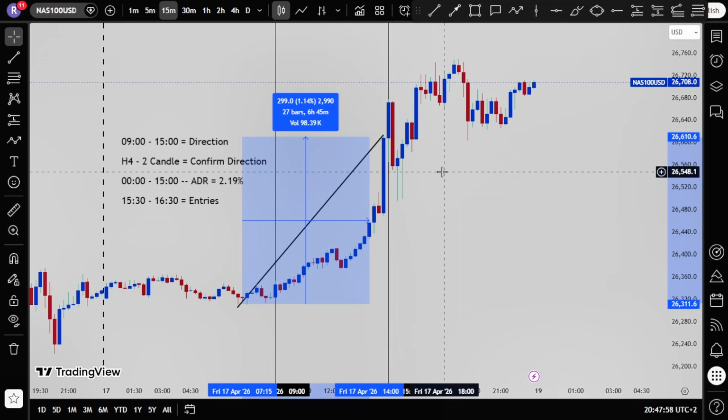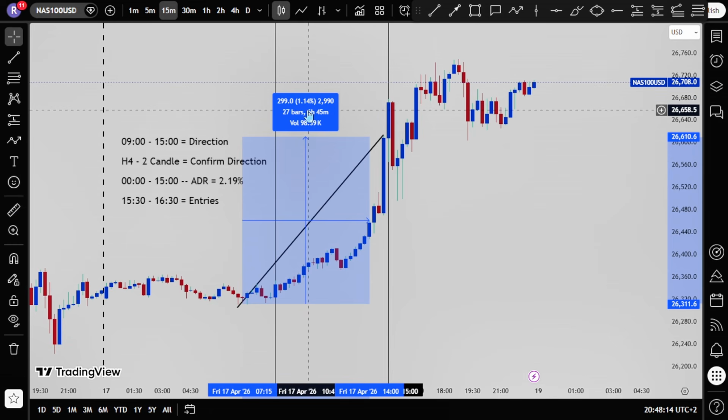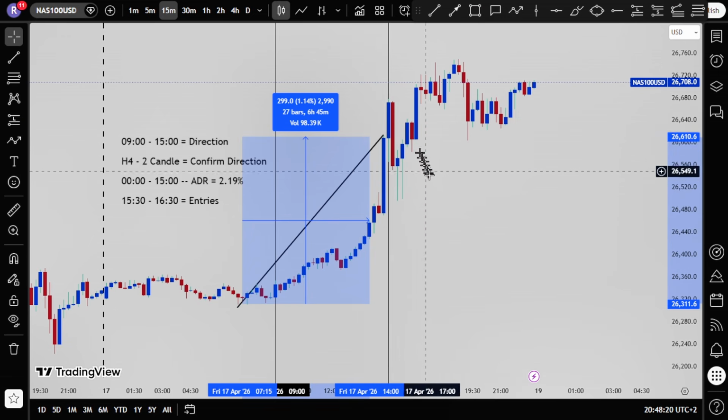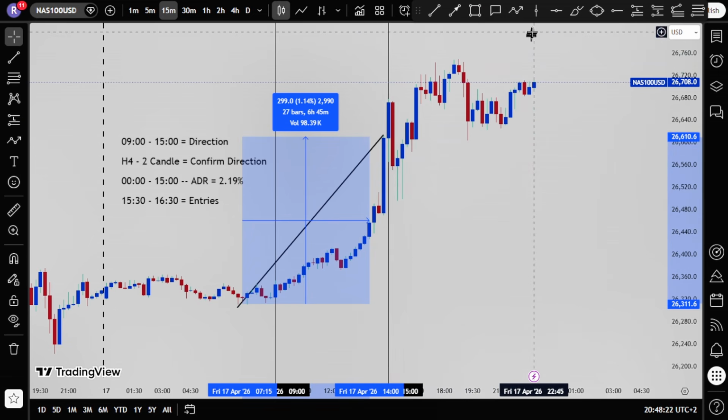It's still possible to move all the way to the upside with the market in that case. Now if the market has reached an ADR, for example, let's say this 1.14% is 2.19 or 2.30, that will mean the market has reached an ADR. So therefore the market tends to lose momentum of continuing to the upside if it has reached an ADR.